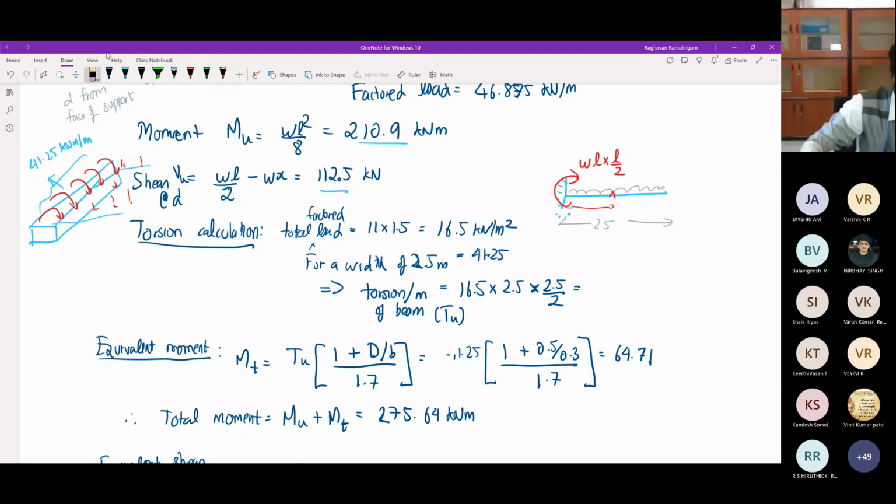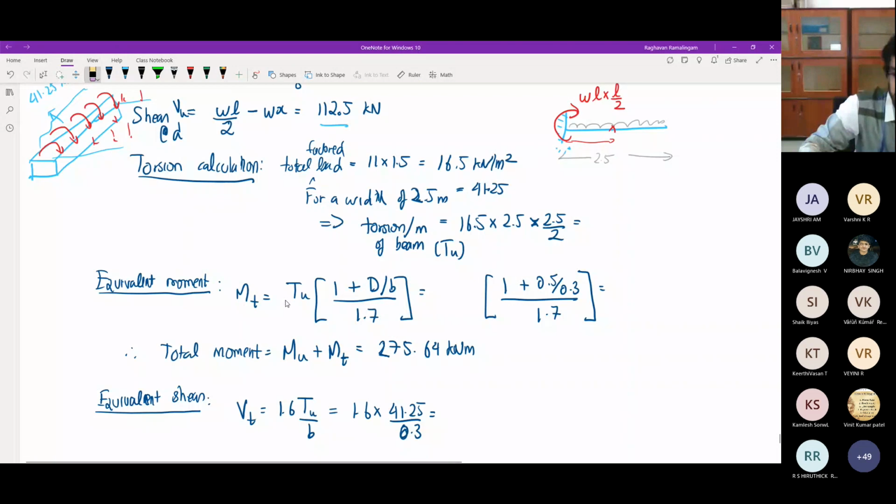Similarly here, it is not 41.25, it's something else. We'll come to it in just a minute. Let me just erase this. Good that you pointed that out, otherwise you would have proceeded to complete the whole problem wrong.